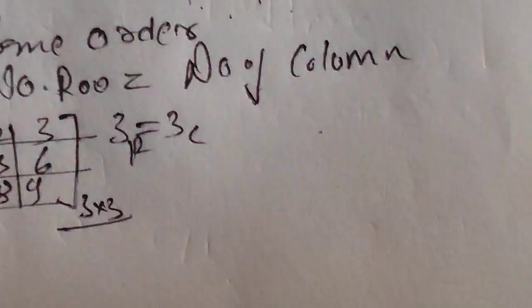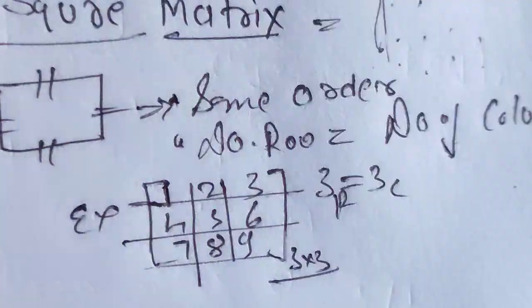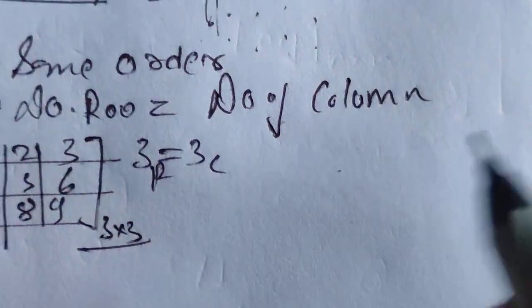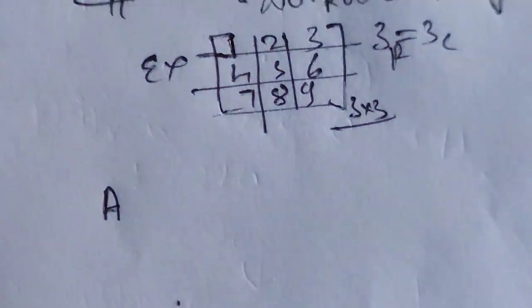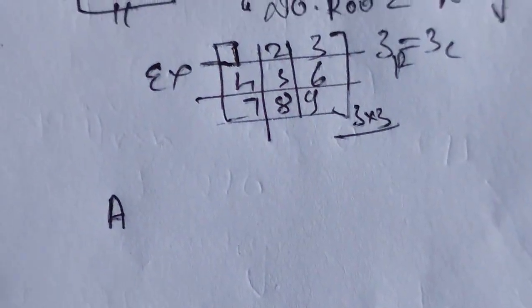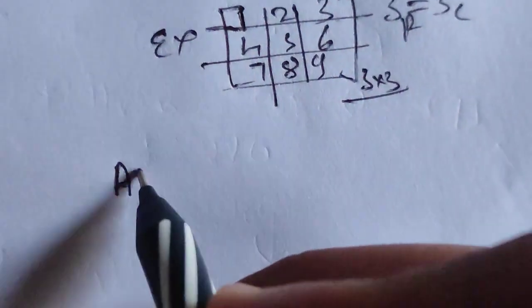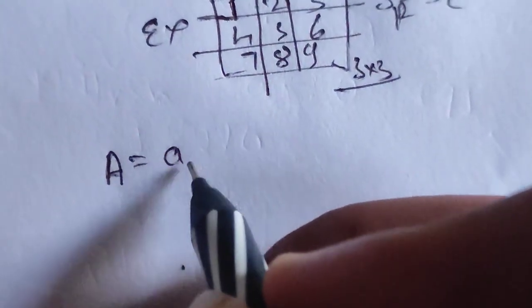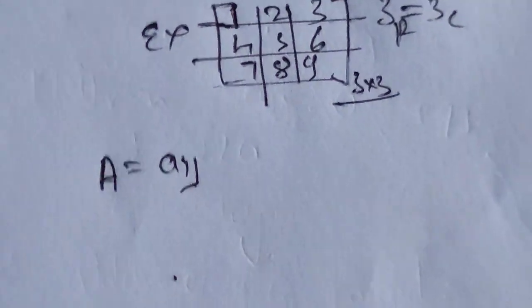So now the meaning of the definition. The overall definition is that the order is the same, the number of rows equals the number of columns. Now we talk about the definition in mathematical terms. Let's say A is a matrix. We denote any matrix by a capital letter and its elements by small English letters. Suppose A is our matrix, so Aij is our general term. General term means, for example, the form that generally describes what happens in this case.